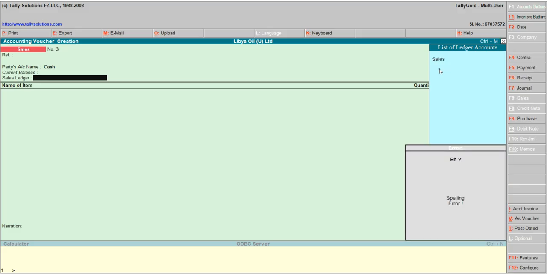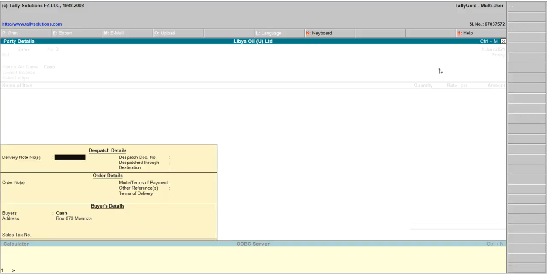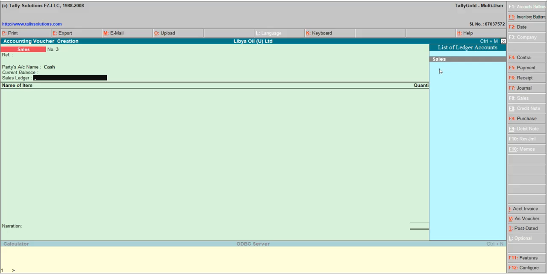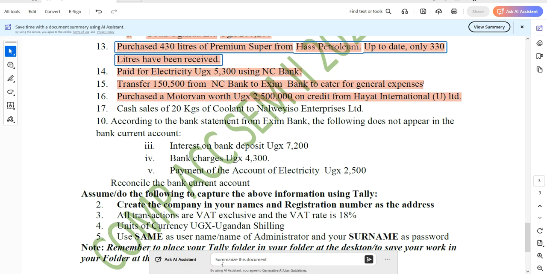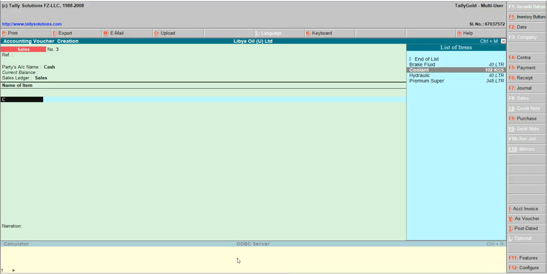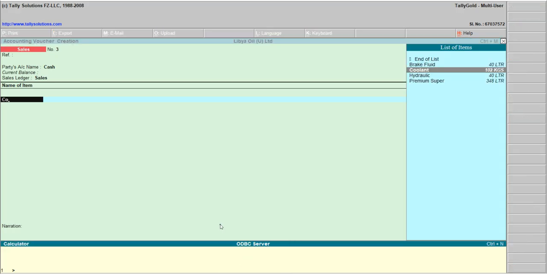Sales ledger, that will be the sales account. What are we selling? Coolant, 20 kilograms of coolant.